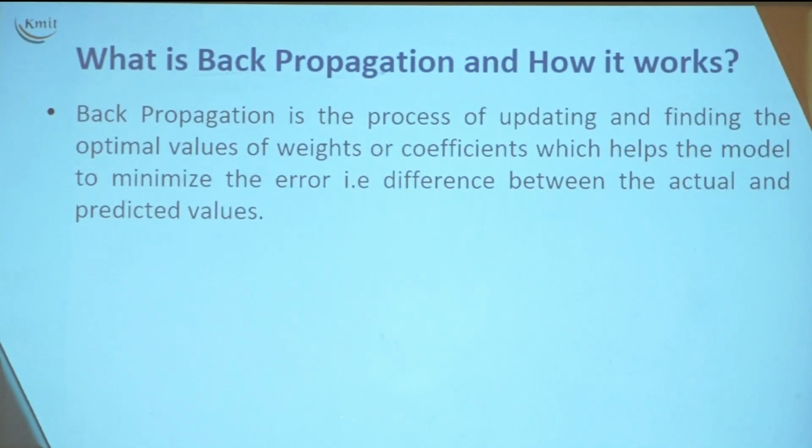Yeah. So, how does backward propagation work? It works by updating what? Weights and biases and finding the optimal values of weights such that my loss function would be reduced. Okay.